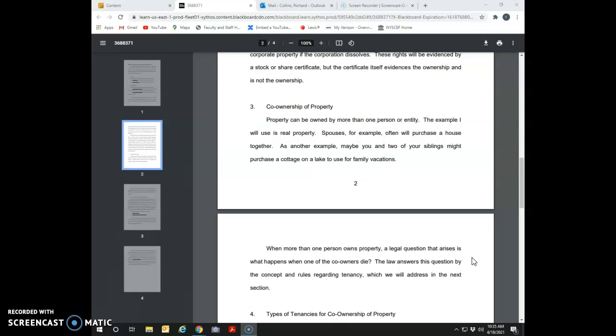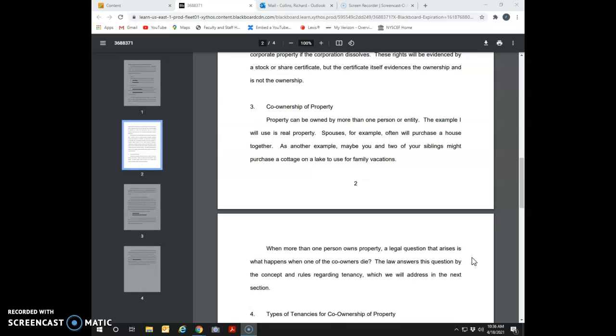For example, spouses, not always, but usually are going to want to own the property so that when one of them dies, and if they're still owning that property together, the property automatically goes to the surviving spouse.